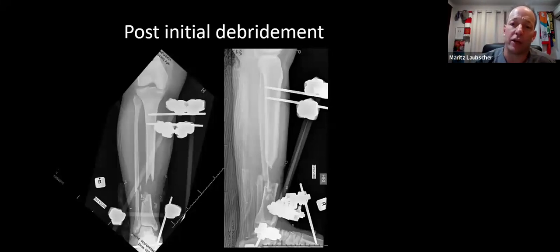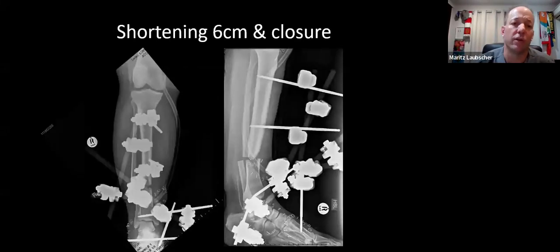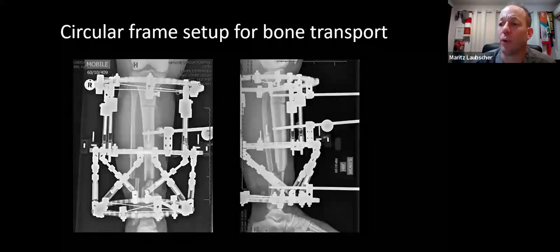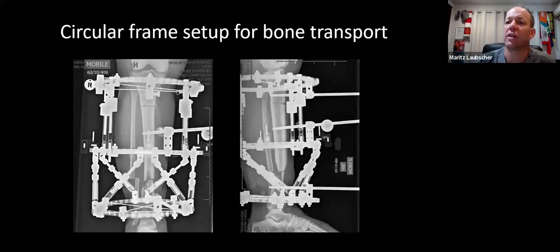So in her case, we again cleaned up the ends, squared off the ends, and shortened to achieve good bony contact. This is a large shortening, probably around 6 centimeters, and we converted her to a hybrid frame with a hexapod across the shortening site to compress as well as correct the alignment, and a proximal tibial osteotomy.